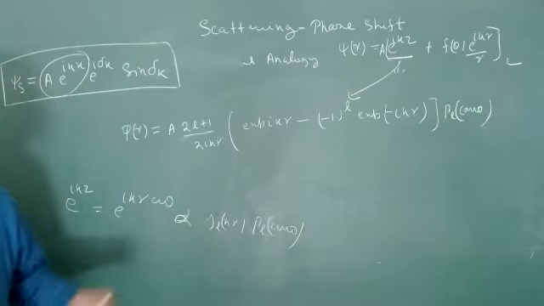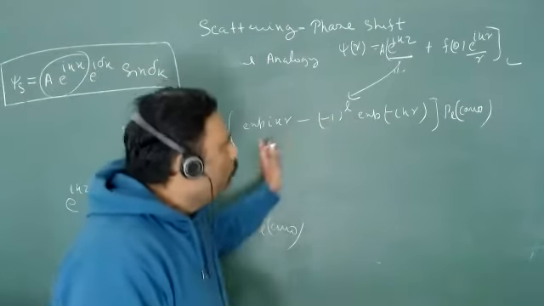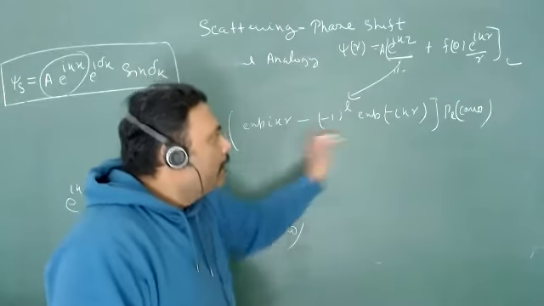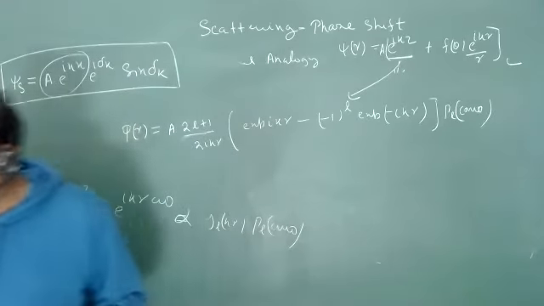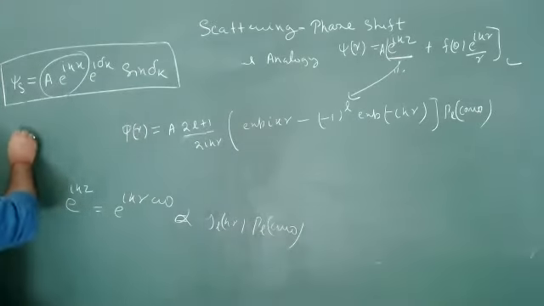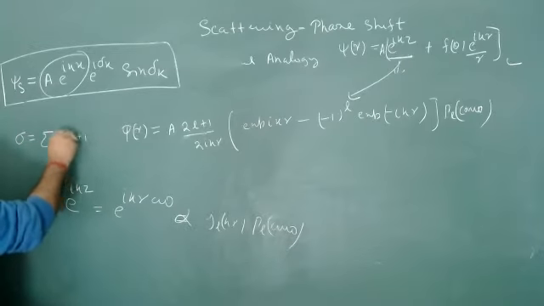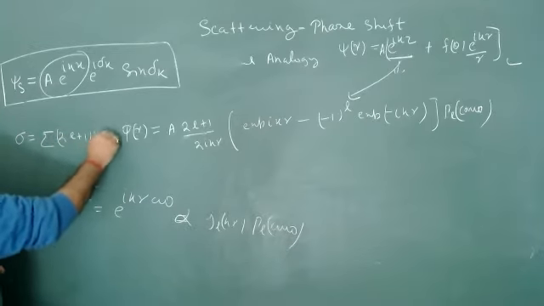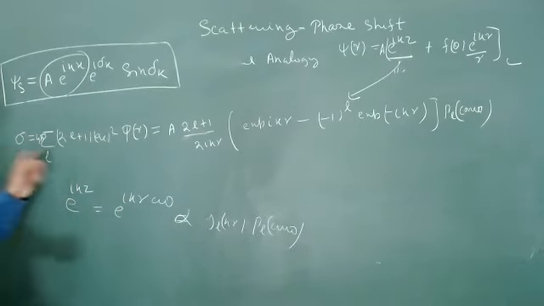Yes, sir. And obviously there is a summation sign, but we are comparing one L to one L. Okay, each and every L is going to be compared. Because you know what my total scattering cross section is: 4 pi upon k square, summation of 2L plus 1 AL mod square. You remember this formula?